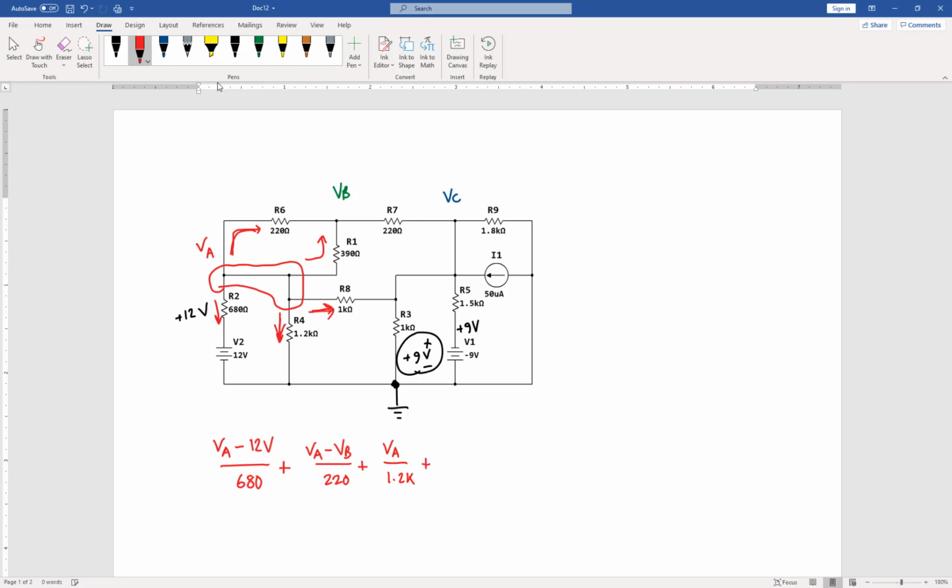And then this current going through R8, that one is actually VA minus VC, right? Because VC extends all the way down to that point. So that's VA minus VC divided by 1K.